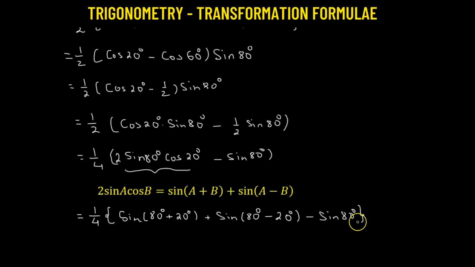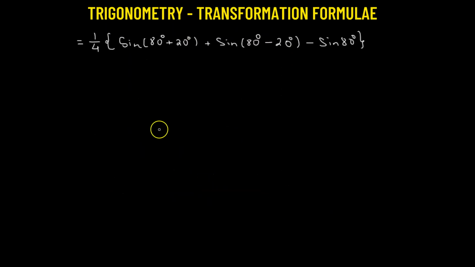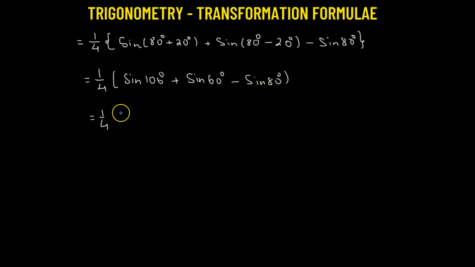Let's further simplify this. We have sine 80 plus 20, so that's sine 100 degrees, plus sine 80 minus 20, so we get sine 60 degrees, minus sine 80 degrees. Sine 60 degree has a standard value of square root of 3/2. So we get sine 100 degrees plus square root of 3/2 minus sine 80 degrees.